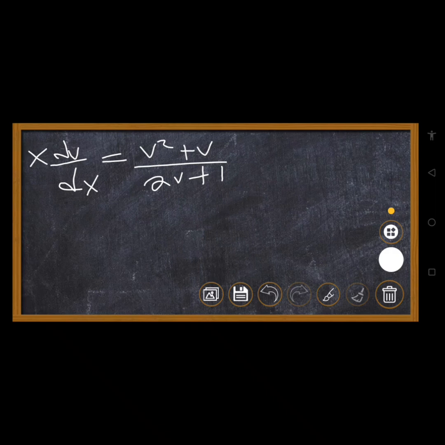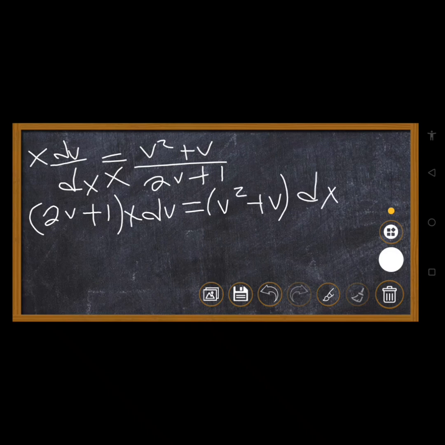So now we are going to use the rules on the separable differential equation. If you didn't watch a video on separable differential equations, please do watch, so that whatever we are going to do, you will have an idea. Here we are going to cross multiply. We multiply 2v plus 1 with x dv equals dx multiplied by v squared plus v.